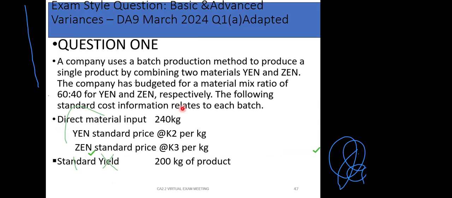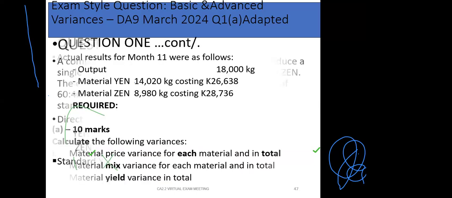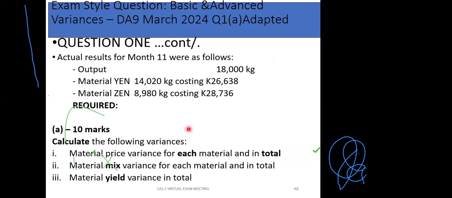The difference will give you the price variance. Then for Zen, the actual cost of 28,736 will be compared with what it should have cost. The same way, it's 8,980, which cost 28,736. What should it have cost? You go to the standard.